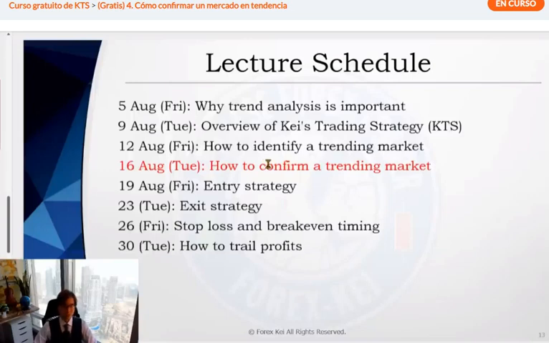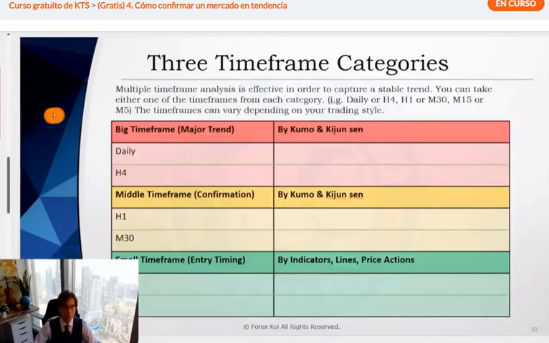This part is really important because without this confirmation, again, you may be caught by the retracement. Let's say you see the market is going down based on the daily time frame. Let's say, if you can remember this chart, daily is down and 4-hour is also down. So you may think that this is trending down nicely, and that this downtrend will continue.